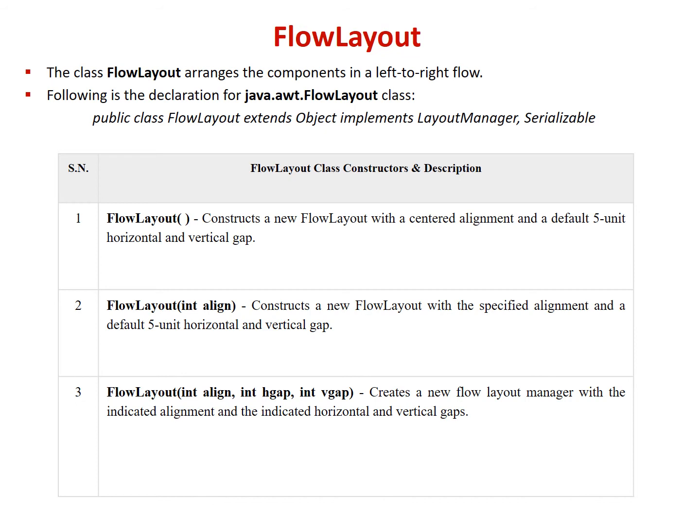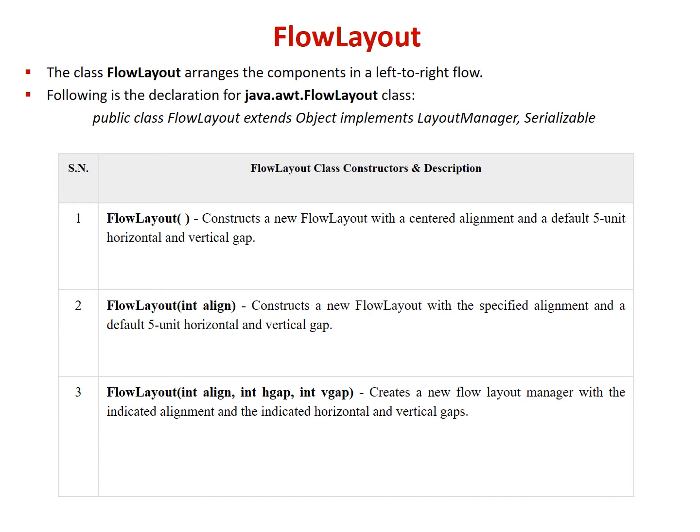Some of the constructors of the FlowLayout class are: the first one is FlowLayout without any argument. This constructor constructs a new flow layout with a centered alignment and a default 5-unit horizontal and vertical gap. Then FlowLayout(int align) constructs a new flow layout with the specified alignment and a default 5 unit horizontal and vertical gap.